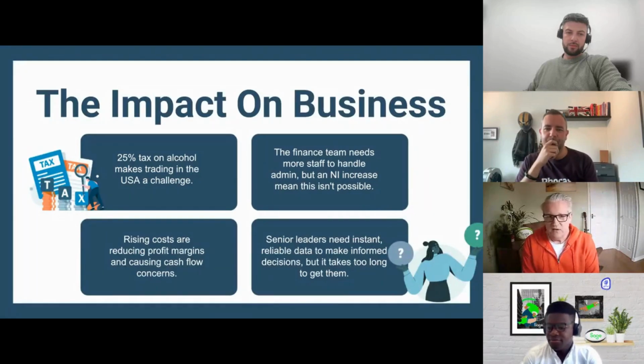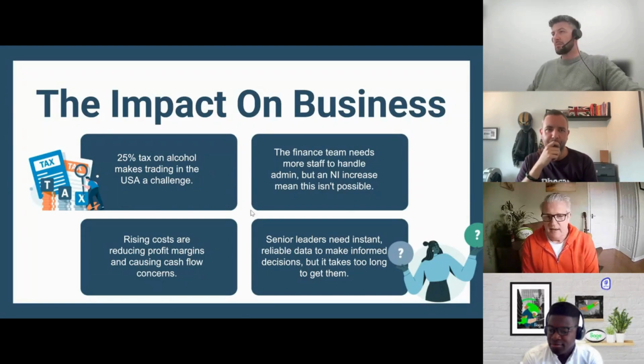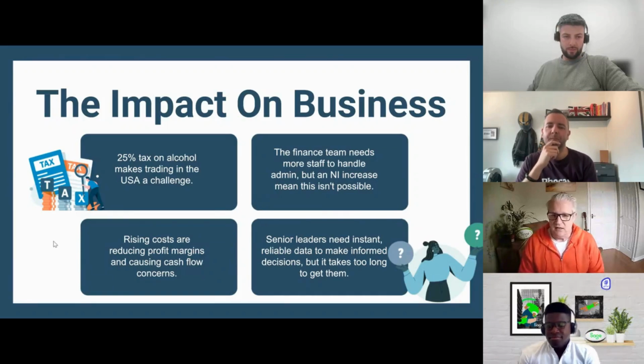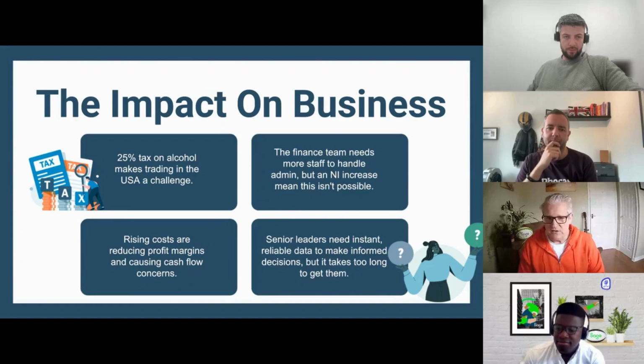So the impact on the business: obviously, there's been a 25% levy on alcohol trading in the US. And this is going to cause rising costs. Obviously, we've seen materials. This is reducing profit margins and causing cash flow concerns.